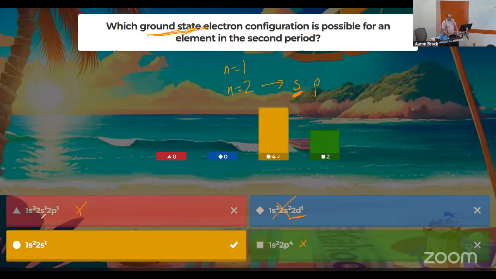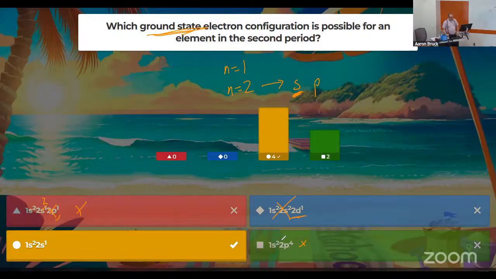So while this one is on the right track, this second electron wouldn't go here. It would go in that s sublevel because that would be the lower energy configuration for beryllium. This represents an excited state where one of those electrons has moved up to the p orbital because it's gained some amount of energy.